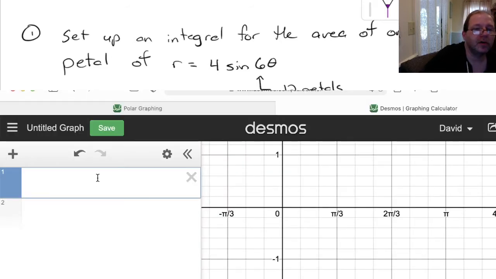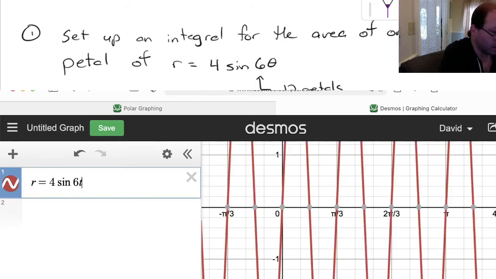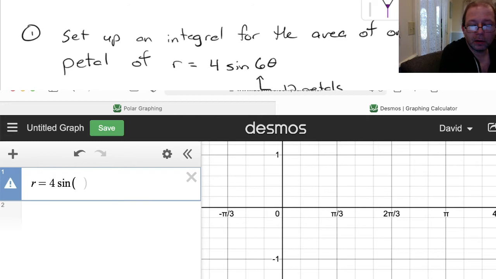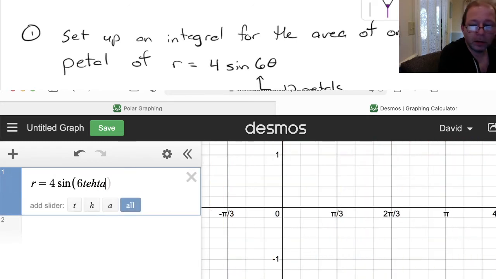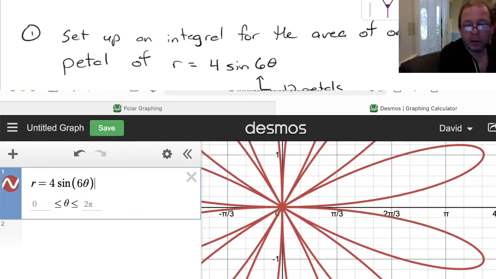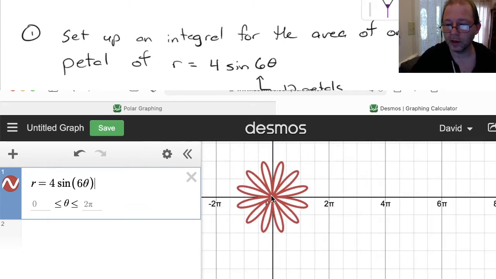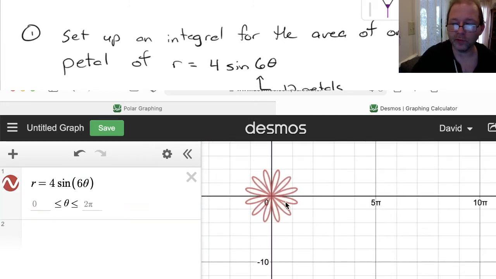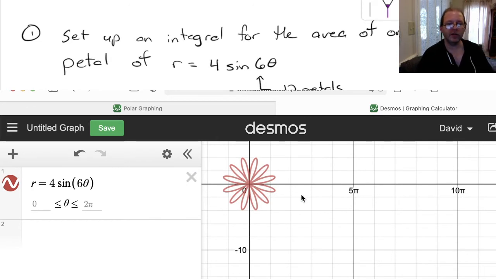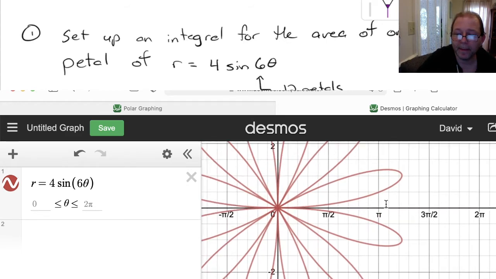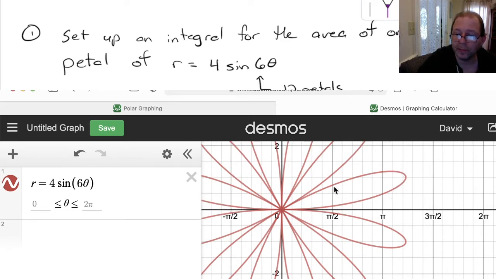When I graph this, r equals 4 times sine 6 theta, we get this. And sure enough, if you count them, we've got 12 lobes. So what we need to do is find the theta where one lobe starts and ends. It doesn't matter which lobe, but the easiest one is going to be the one that starts at 0, so let's do this first lobe.